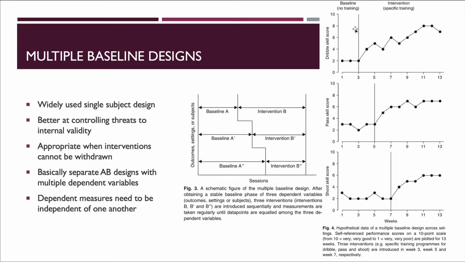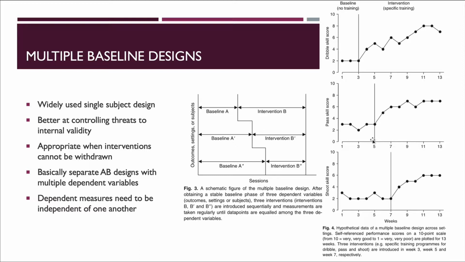When you start the dribbling training, we get an improvement in dribbling skills, but we don't get any change in passing skill or shooting skill, which tells me we can be pretty confident that the intervention I started improved this, but not the others. So I can be pretty confident that my training targeted that specific skill, and that there wasn't some other factor that caused me to improve in all aspects of soccer performance. You then start the second intervention on day 5, which is passing drills.